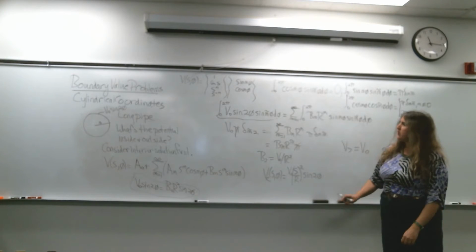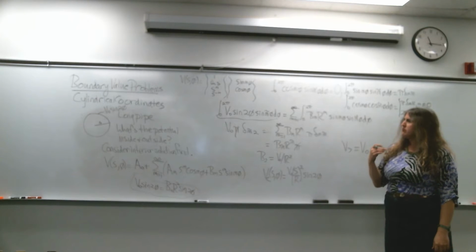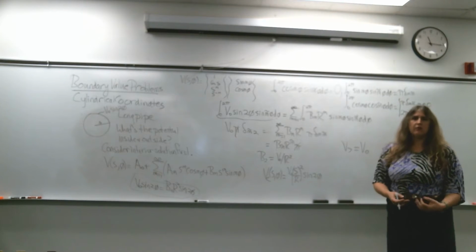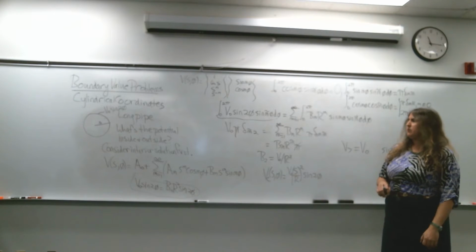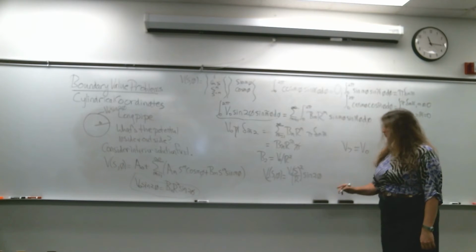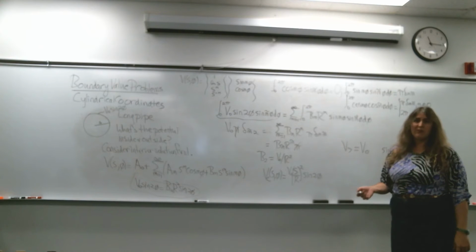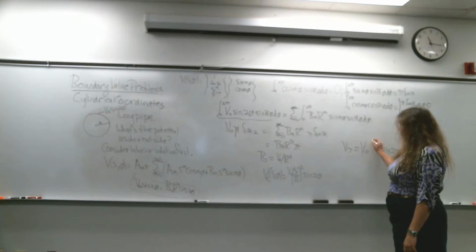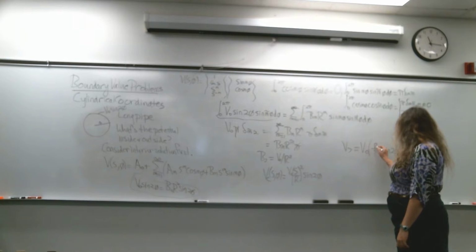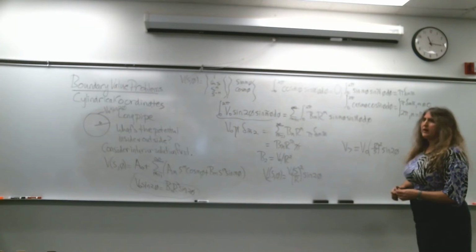But I also know that it has to be finite as the distance away from the pipe becomes infinity. In fact, I want my potential basically to go to zero. So in other words, we want this to be equal to r over s quantity squared.